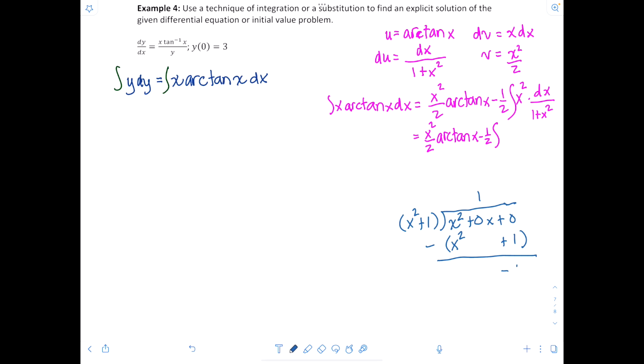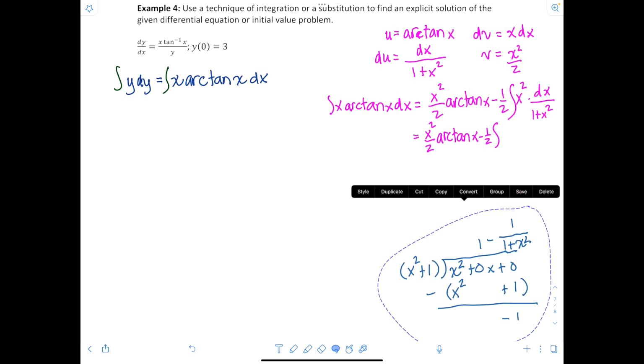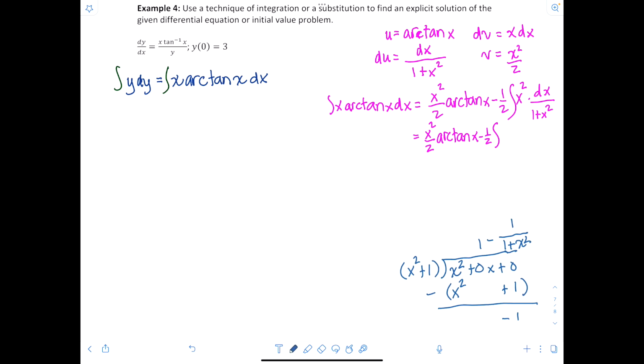So then I'll get a negative 1 as a remainder. And I'll have minus 1 over, I'll rewrite it as 1 plus x squared to set up the integration. So, bringing it back, and actually I'm going to kind of drag this down the page. I love this feature. And we will have quantity 1 minus 1 over 1 plus x squared dx.